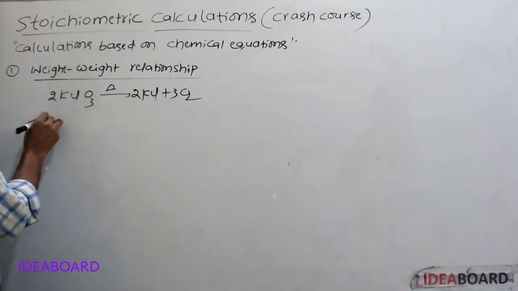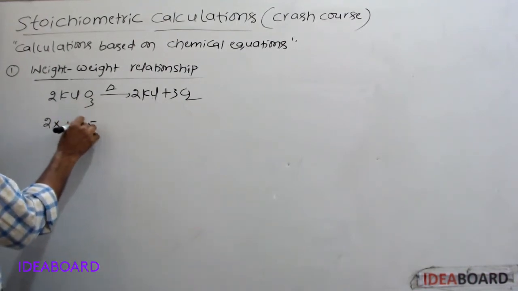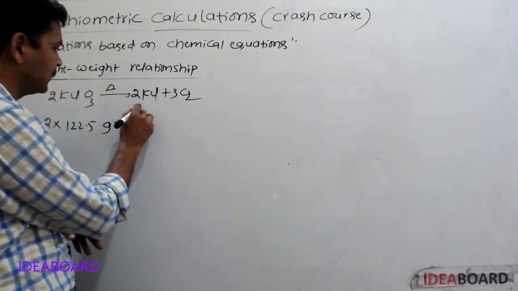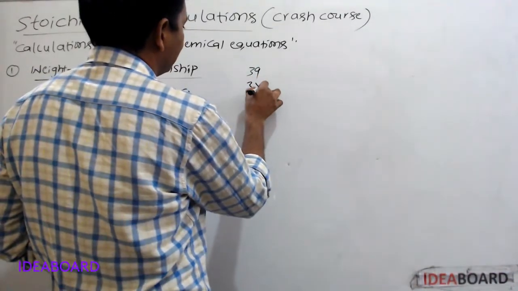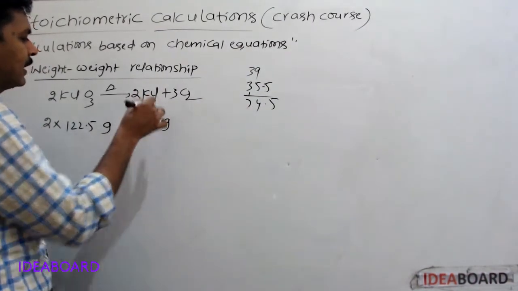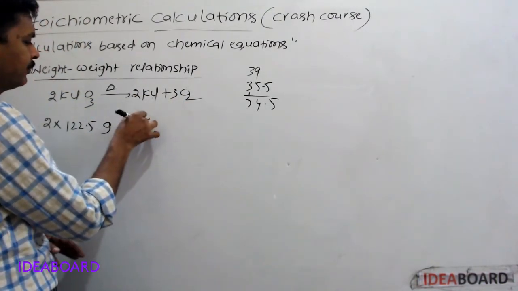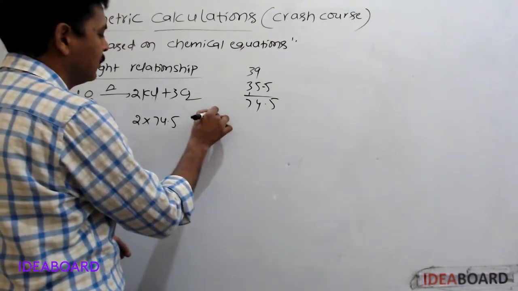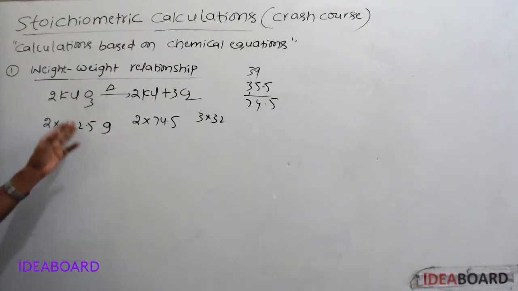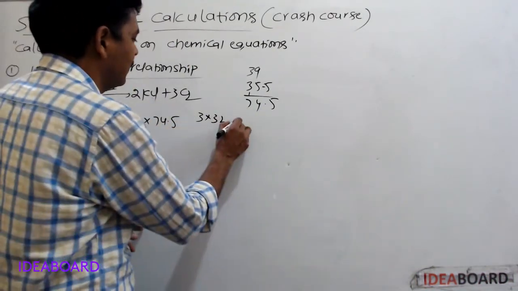Here 2 moles of potassium chlorate means 2 into its molecular mass, 122.5. 2 into 122.5 grams of potassium chlorate on heating gives 2 into 74.5 grams of potassium chloride and 3 into 32 grams of oxygen.